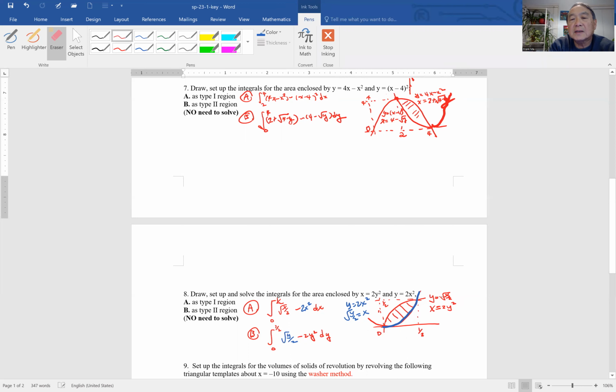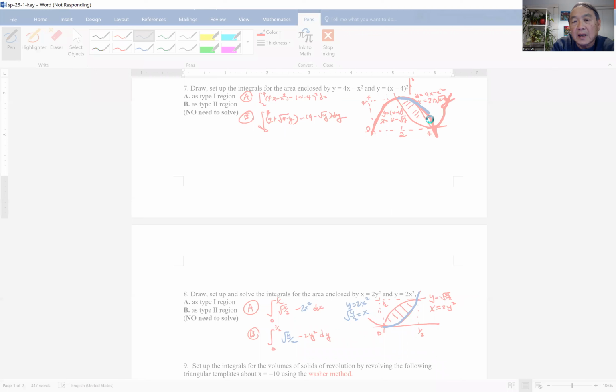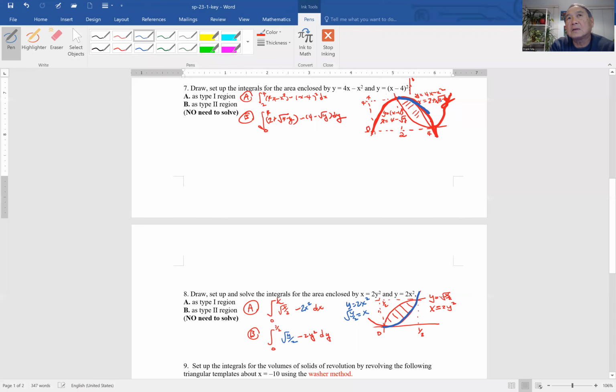All I'm trying to say is that for this parabola right here, I want to solve for this piece right here. To solve for that, I need to use the quadratic formula, and then you get plus or minus.